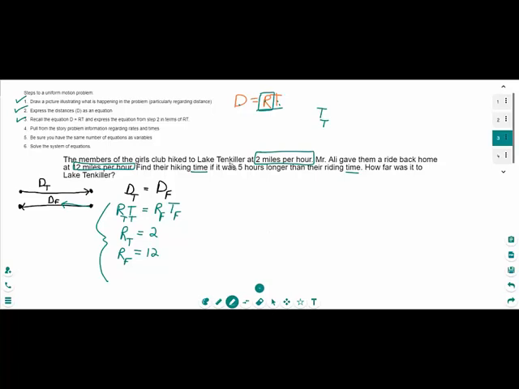And the riding time is the time from the lake. The hiking time was 5 hours longer than the riding time. That would mean that the time from the lake is going to be 5 hours less than the time to the lake.